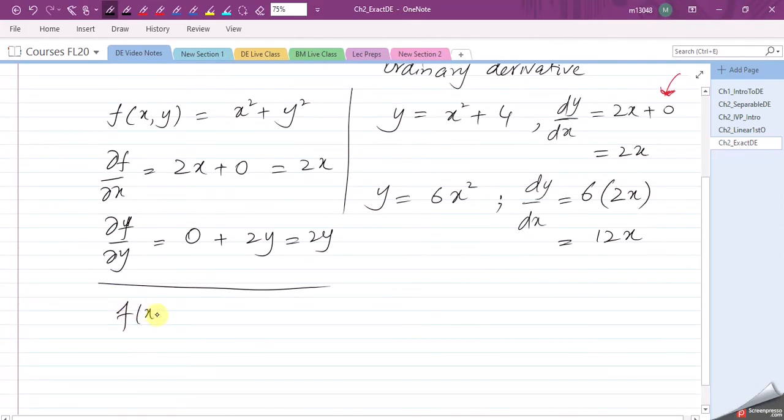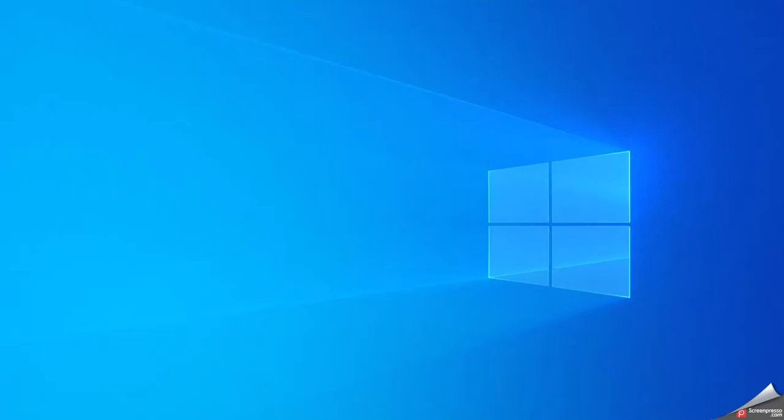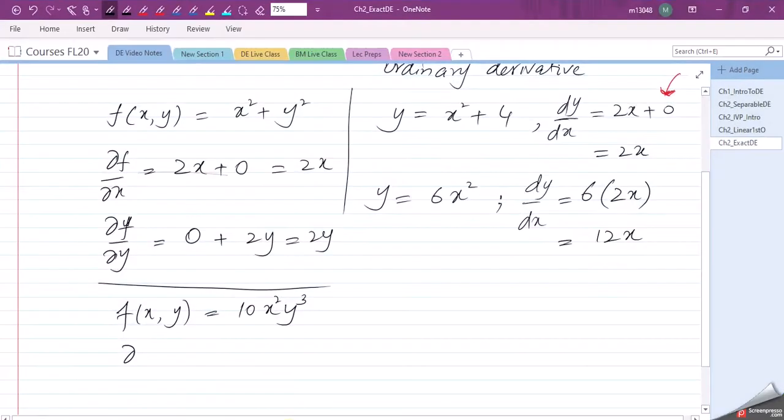How about if we had f of xy equals 10x square y cube? What would be partial f by partial x now? Now we are going to treat y as constant. 10 is already constant.